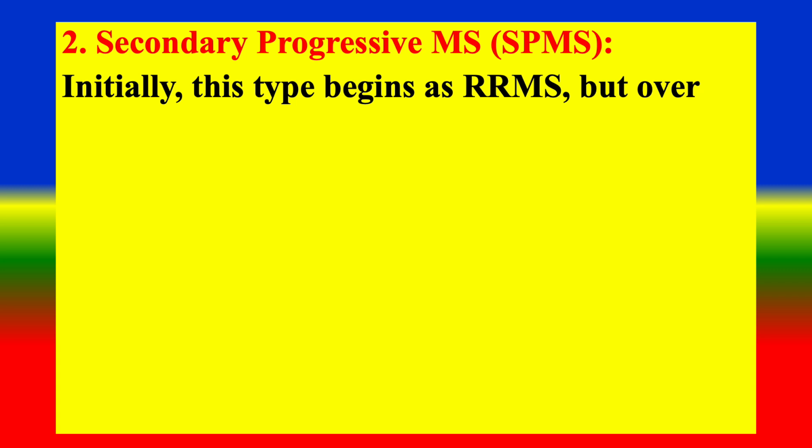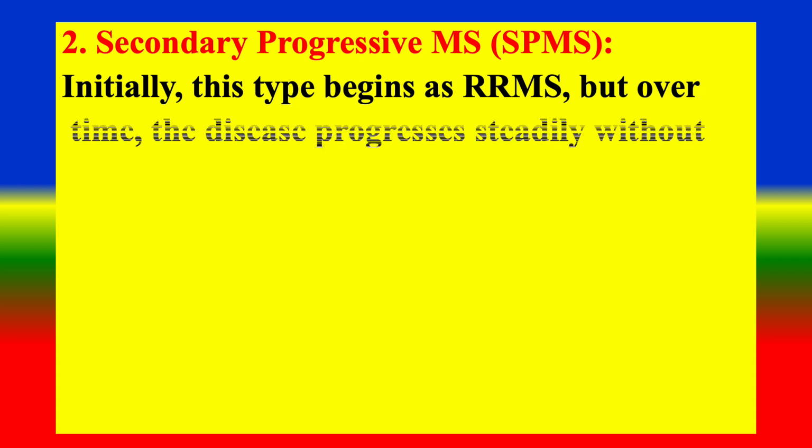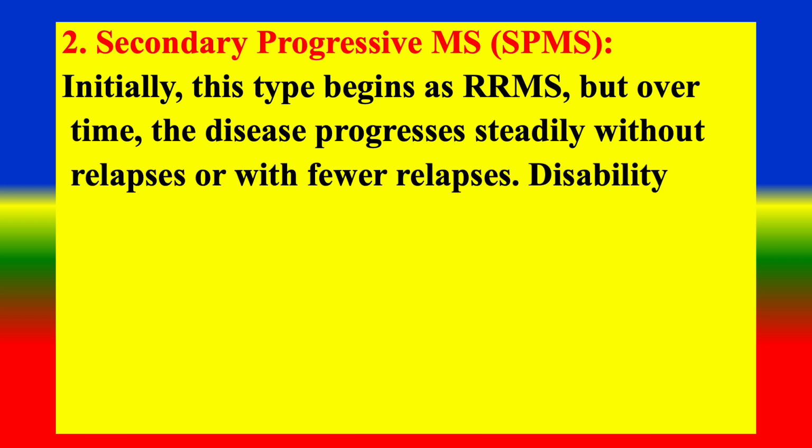2. Secondary progressive MS. Initially this type begins as RRMS, but over time the disease progresses steadily without relapses or with fewer relapses.